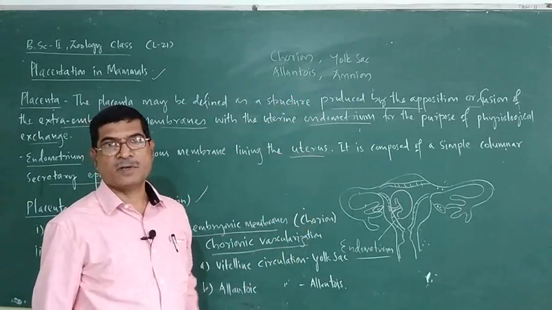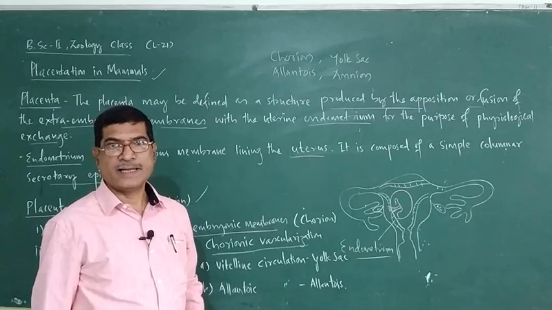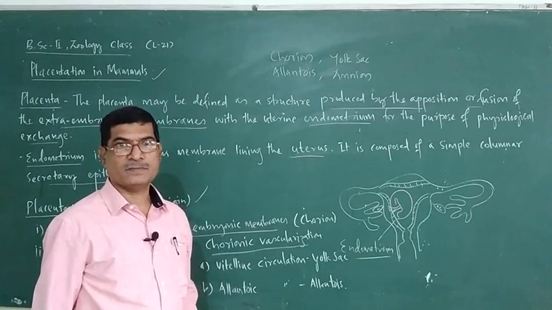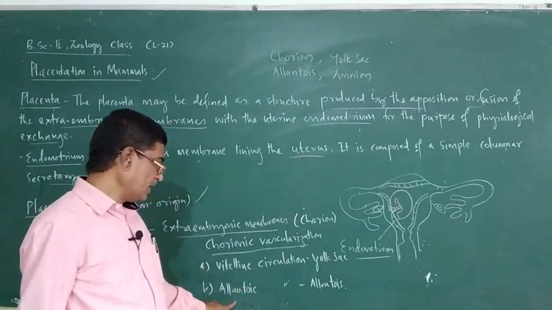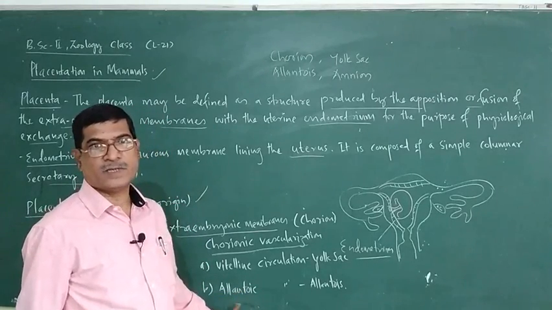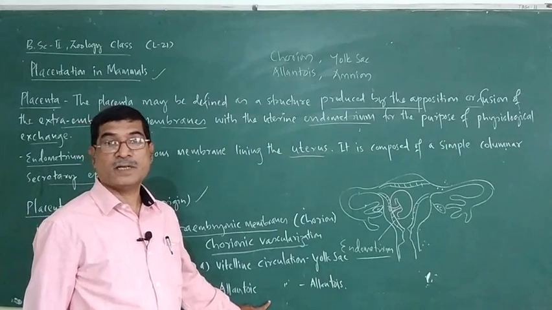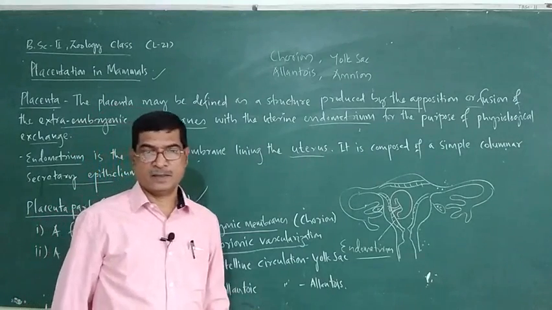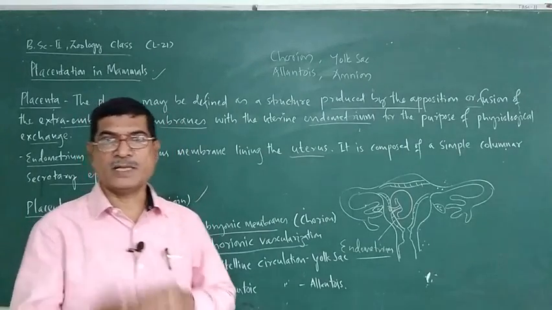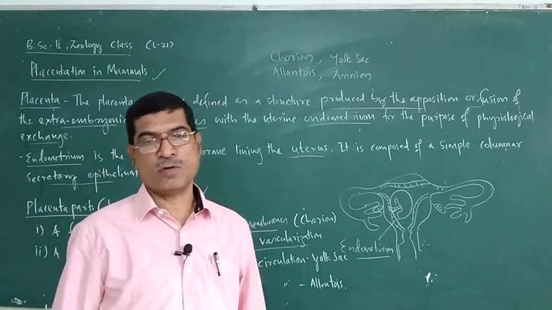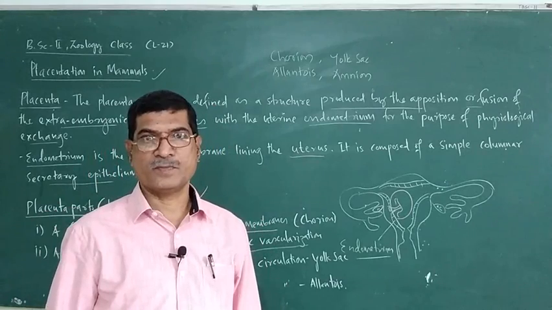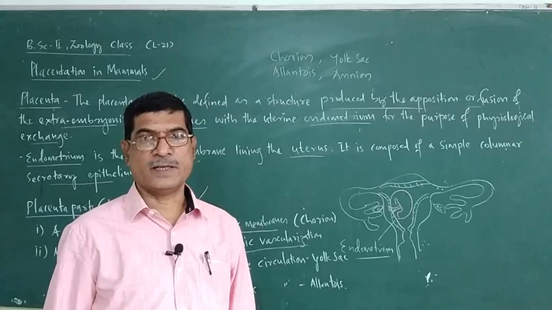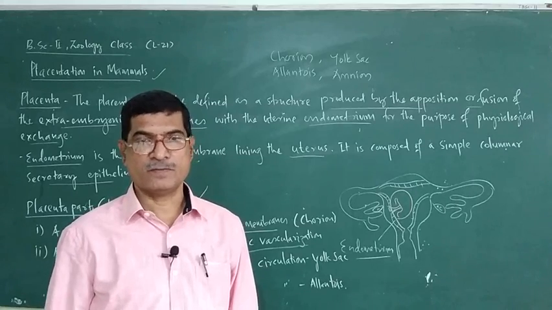One of the extraembryonic membranes takes part in supplying blood. And another is allantoic circulation, wherein allantois is the main part from where blood is supplied to the chorion. Thus there are 2 sources for the supply of blood to the chorion.